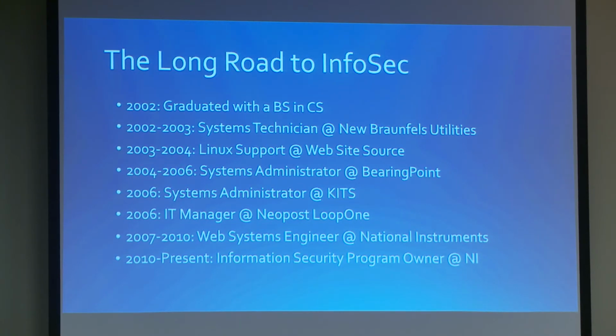I said, all right, how many of you guys also took this long road to InfoSec, where you weren't here when you started, you didn't graduate and instantly pop into an InfoSec job. You started as a system administrator, a developer, a DBA. Everybody else did not, right? No, everybody here did, right? And so for me, it was graduating with CS and then a whole bunch of system administrator roles.